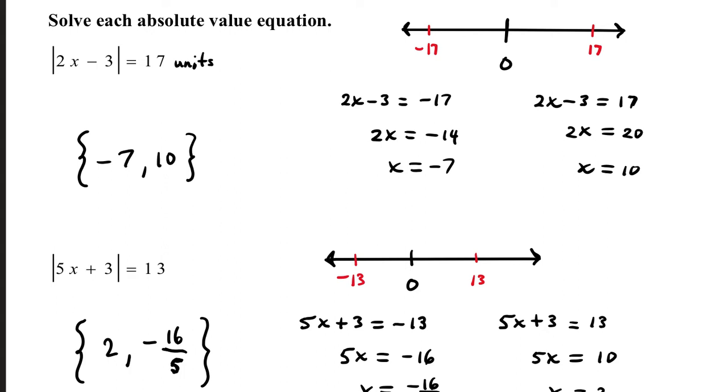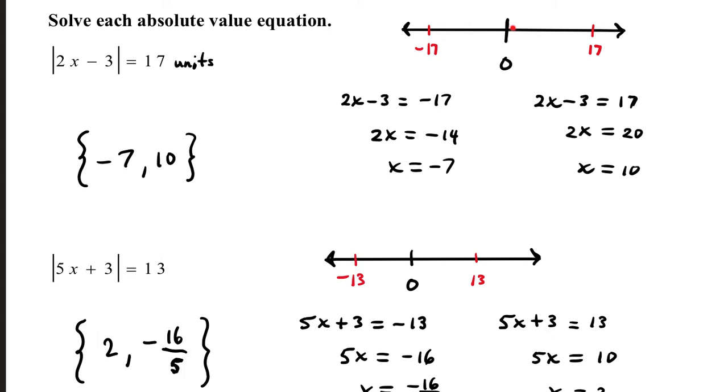Carrying this notion forward, when you have an algebraic term like |2x - 3| = 17, if you think about 17 units away from 0 on a number line, you'll either be at -17 or +17. 2x minus 3 is what's being measured. So if you go 17 units left, 2x minus 3 is equal to -17.